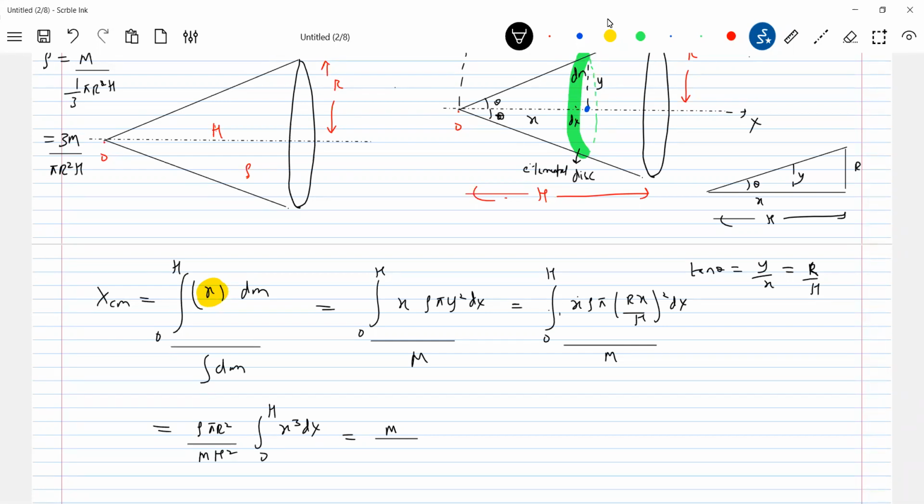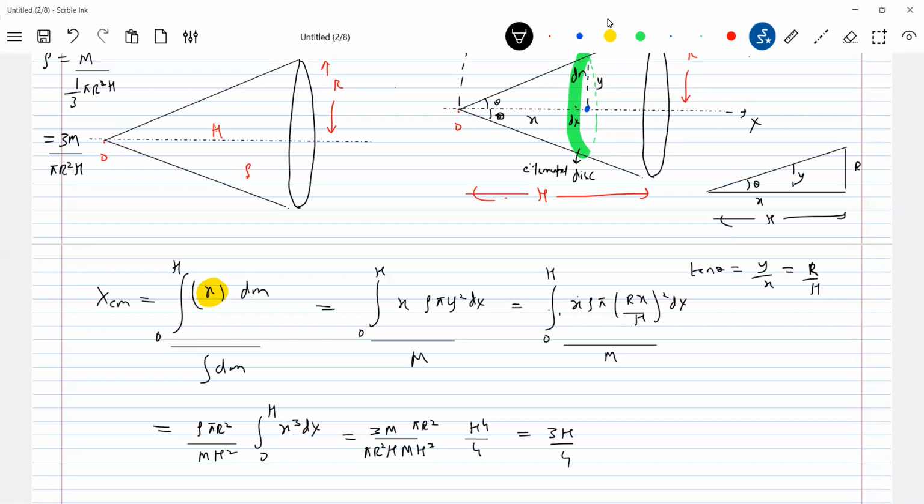So therefore rho is 3m by pi r square h. With m h square, here pi r square, this should be h to the power of 4 by 4. One pi r square gets cancelled, h cube gets cancelled, m gets cancelled. So I'll be left with 3h by 4.